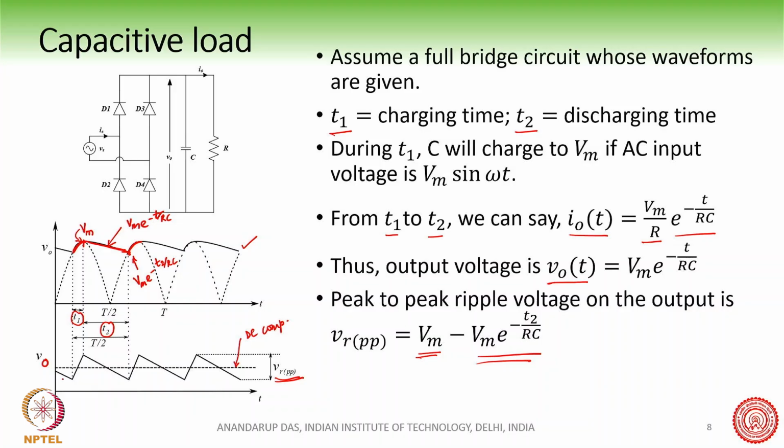The scale here is very large; the ripple voltage here is exaggerated. Usually, say we have 100 volts as the average voltage, and the ripple can be only 1 volt. This is very practical, 1% or 2% ripple. So this scale is exaggerated.